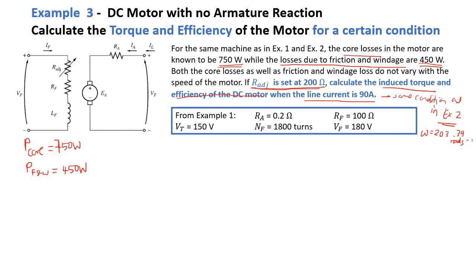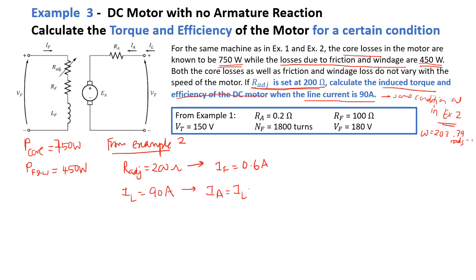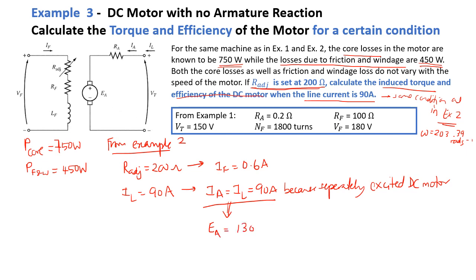So if we go back to example 2, when the R adjustable was set at 200 ohms, the field current was 0.6 ampere, and when the line current is 90 amperes, the armature current is equal to the line current, which is 90 amperes, because it is a separately excited DC motor. And we found that with this armature current of 90 amperes, the EA was 132 volts.